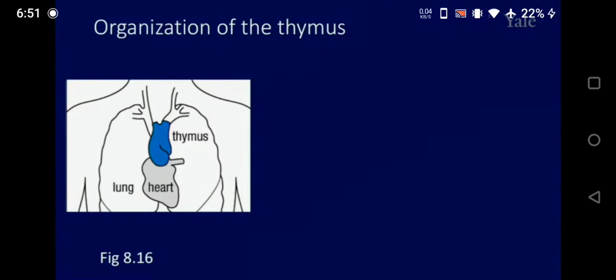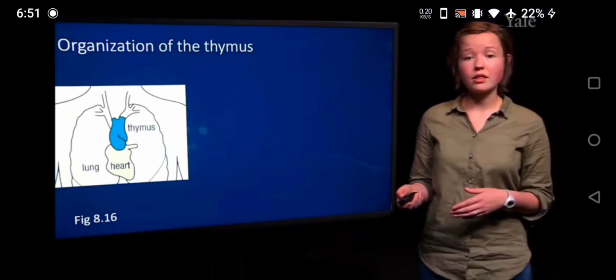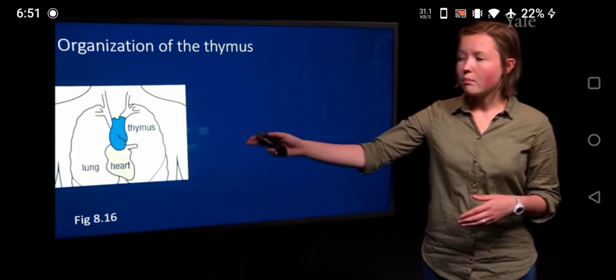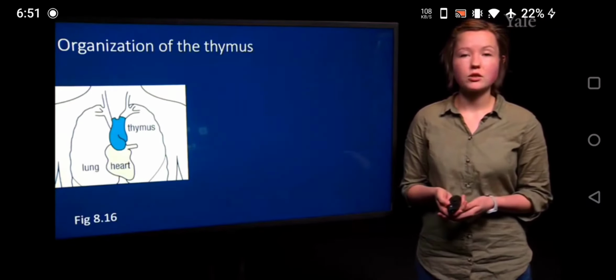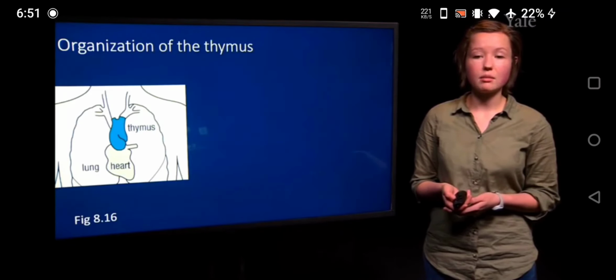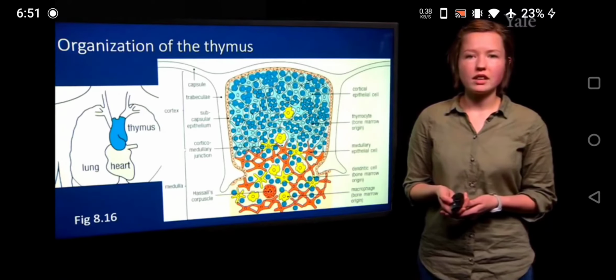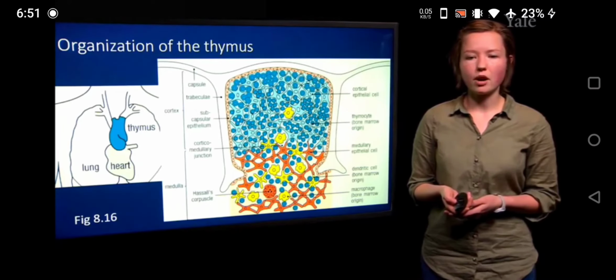So first, I wanted to start talking about the organization of the thymus. The thymus is located right above the heart, just to contextualize where it is in the body. And within the thymus, there's specific organization of different cellular compartments.